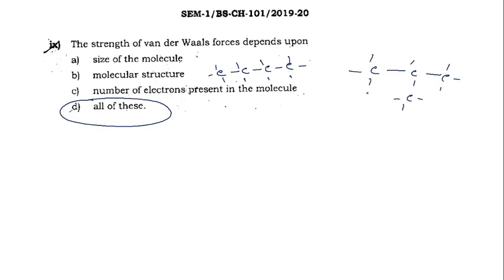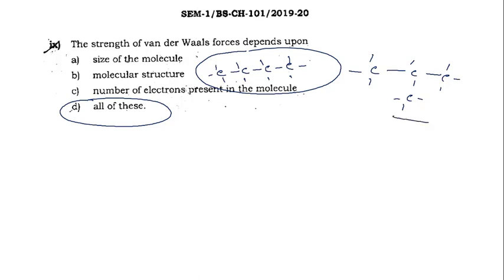isobutane or 2-methyl propane. They are structural isomers, but n-butane has much higher van der Waals forces, and that's why the boiling point is also higher for n-butane than for the branched isomer.